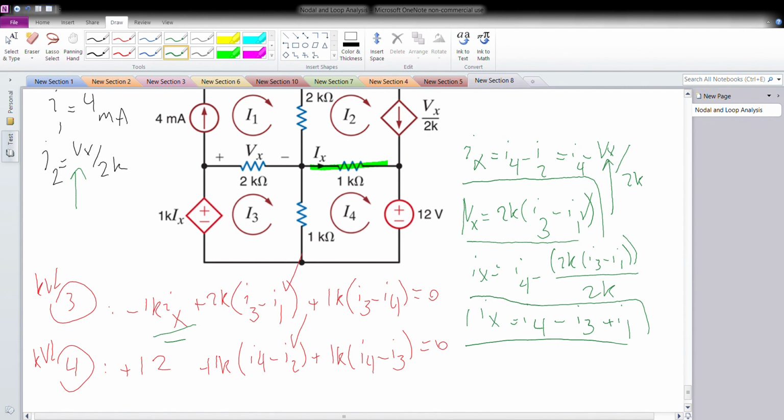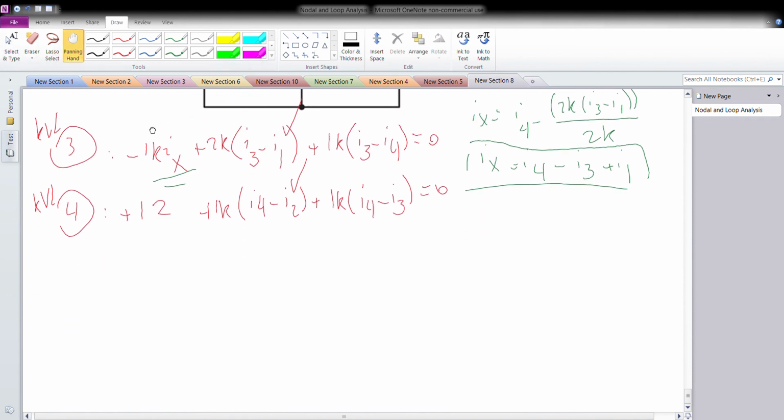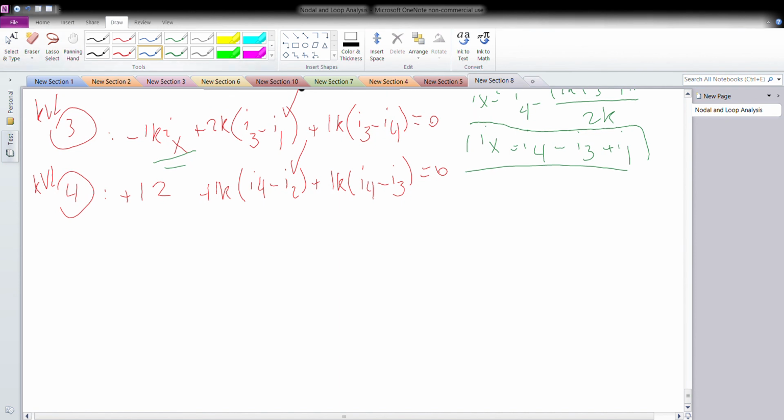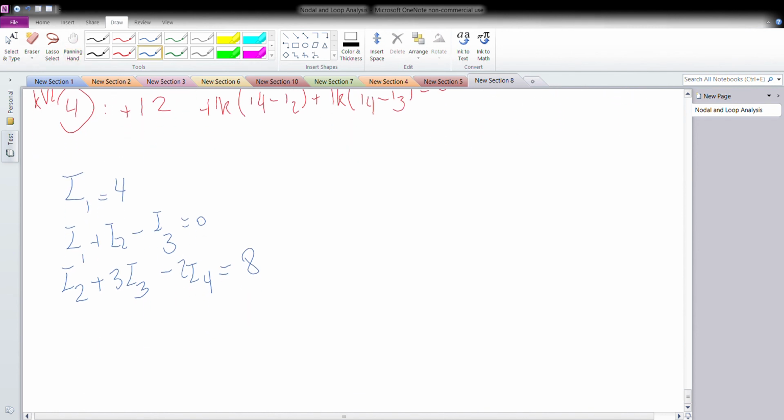So if I were actually writing the matrix, and if I solve the algebra, then I would end up with I1 equal to 4, I1 plus I2 minus I3 equal to 0, I2 plus 3I3 minus 2I4 equal to 8, negative I2 minus I3 plus 2I4 equal to negative 12.